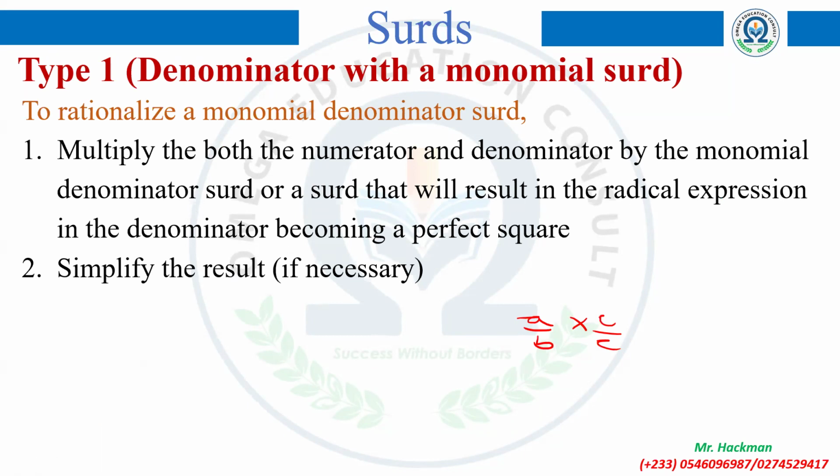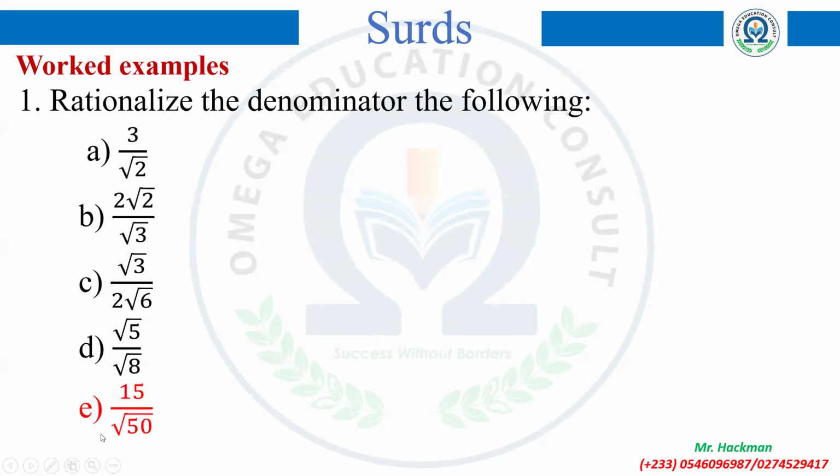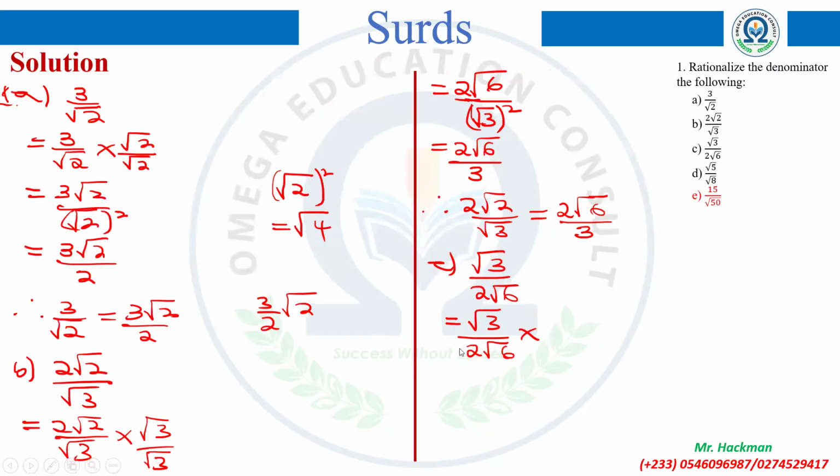The one who said 2 root of 6, you are not wrong. You used the first part of the statement: multiply both the numerator and the denominator by the denominator, so you write 2 root of 6. However, please take note, what is making this irrational is the root of 6.